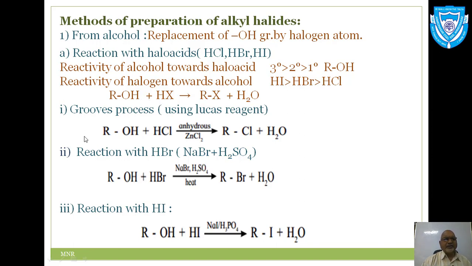The second method of preparation of alkyl halide is by Groves process. In Groves process, we use Lucas reagent. What is Lucas reagent? Anhydrous ZnCl2.